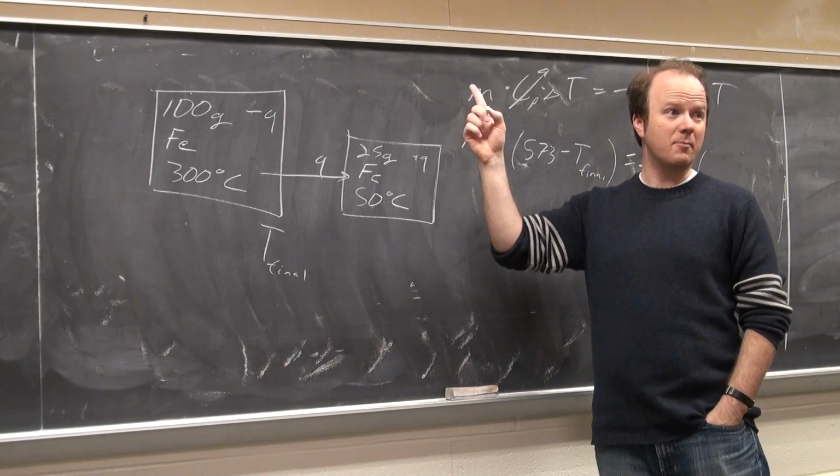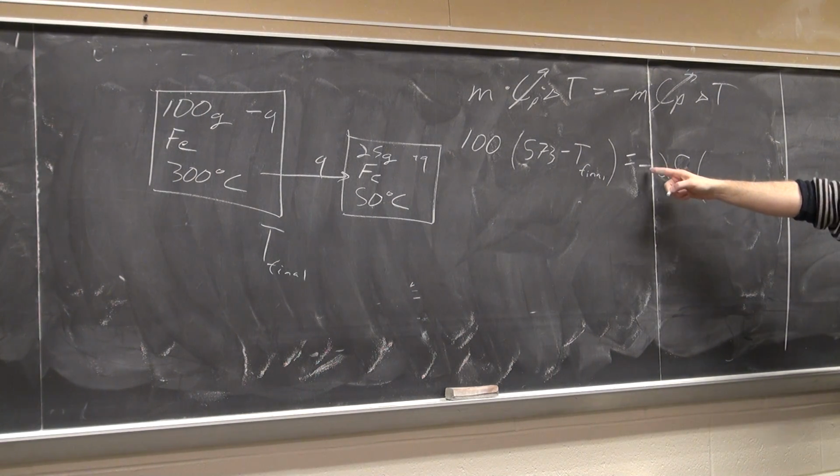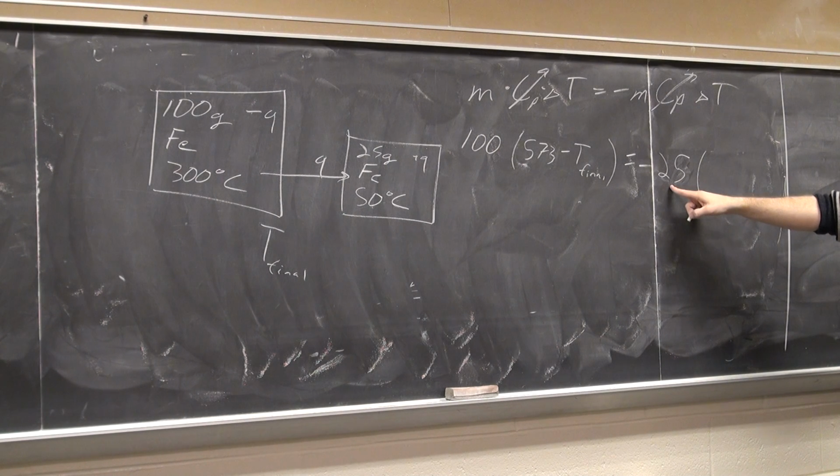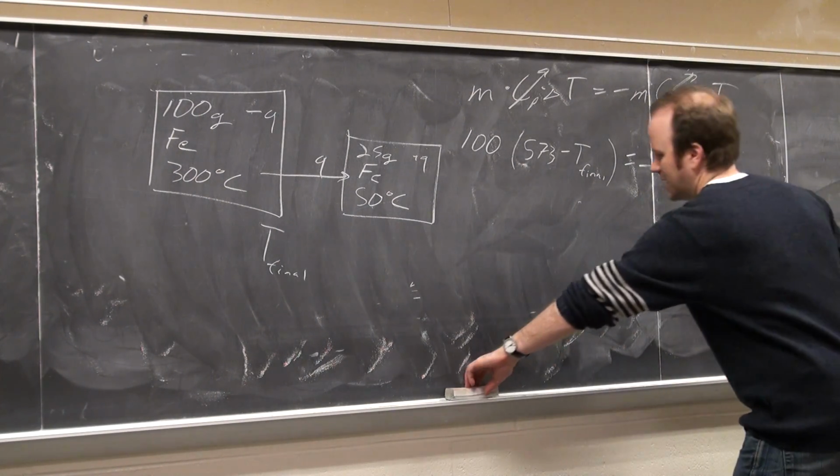Temperature's going to go up, right? And so to get a negative number here, 25 grams is always positive, right? This delta T is going to have to be negative. So this is T initial.